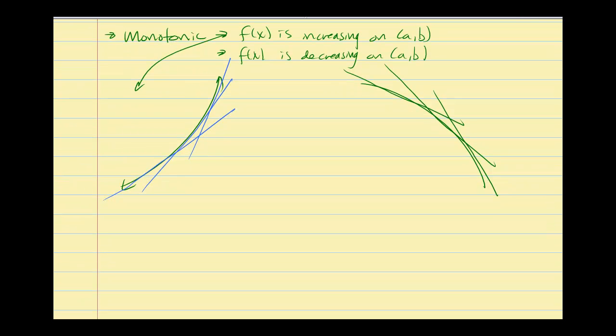Now if we looked at another graph, this one is not monotonic, and it's not monotonic because here it's increasing, decreasing, and then increasing again. So this graph is not monotonic. However, I could say this graph is monotonic if I limited the values I'm looking at, let's say from the interval from a to b. Then I could say it is monotonic from a to b on these points.